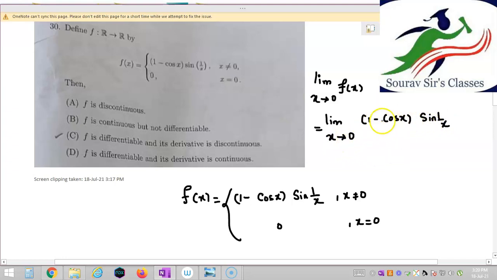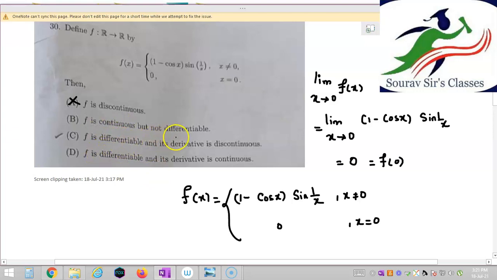If you put x equal to 0, that would be 1 minus 1 which is 0, and sin(1/x) is a bounded quantity, so this is nothing but 0. That is equal to f(0), and hence this function is continuous, so I can discard option A.